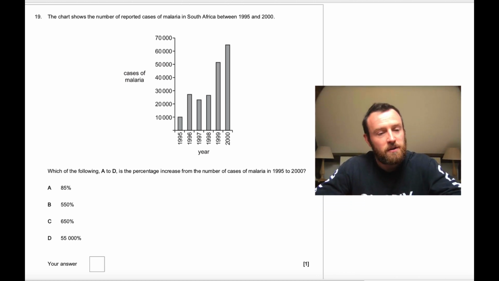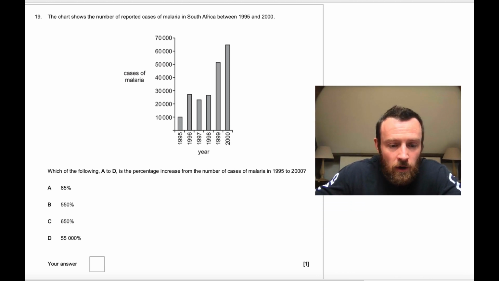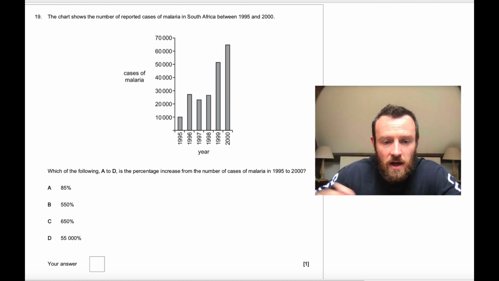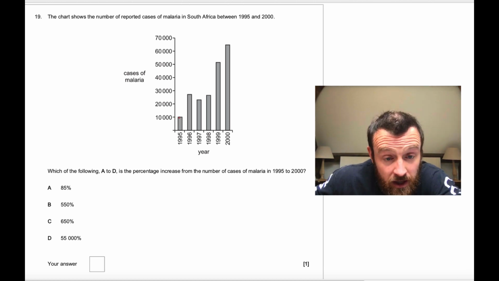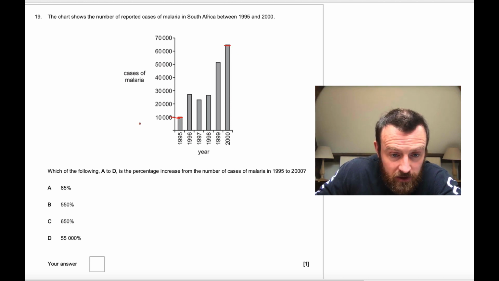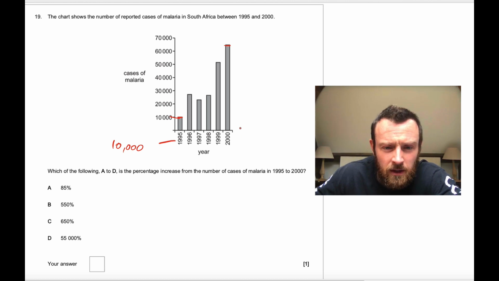Okay, pause if you need to do this now. All right, percentage increase in the number of cases from 1995 to 2000. Okay, so 1995 to 2000. First of all, let's identify the numbers. So 1995, we've got 10,000. In 2000, I think that's 65,000.